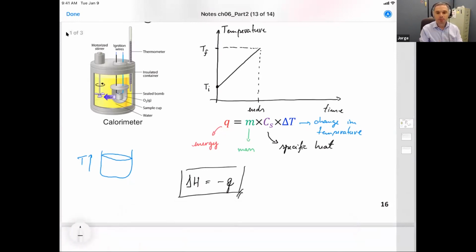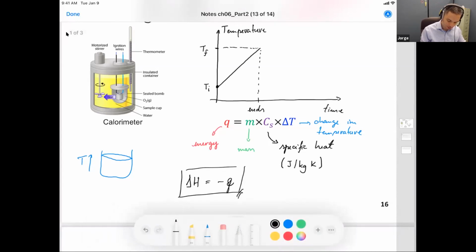Units here. Specific heat depends on each substance, and we can find the values on tables. In the international system, specific heat is in joules over kilograms times Kelvin.